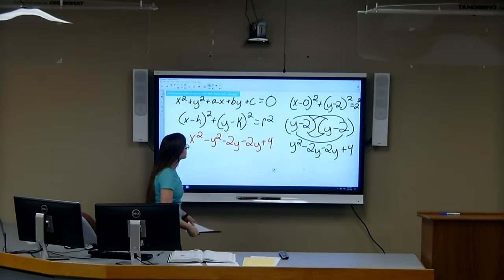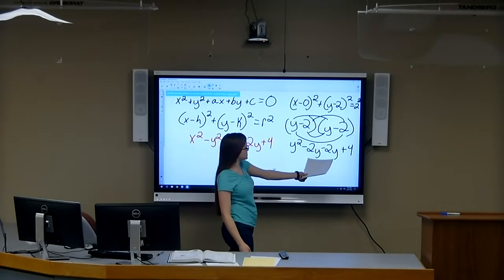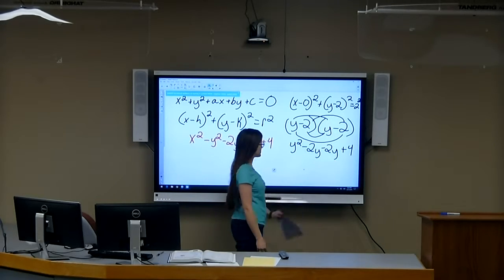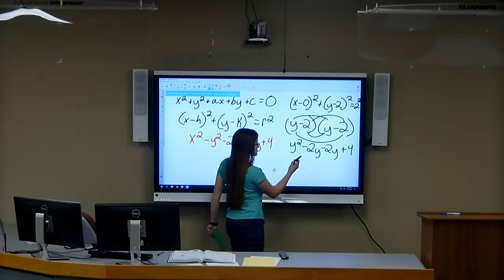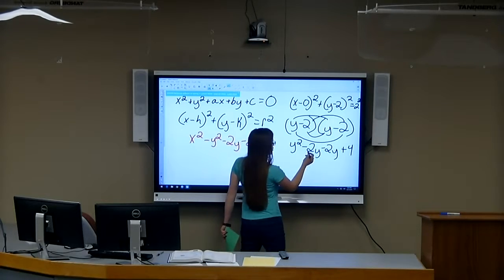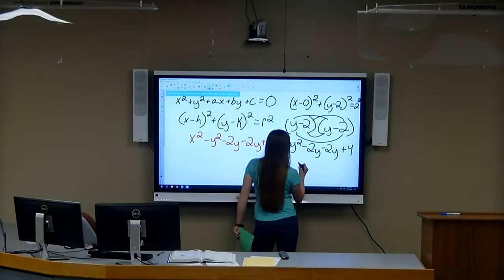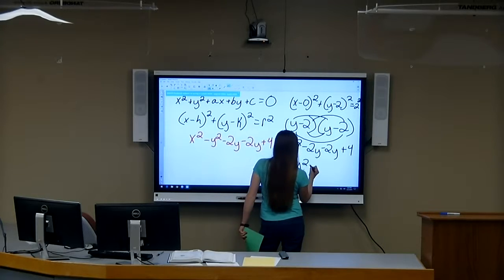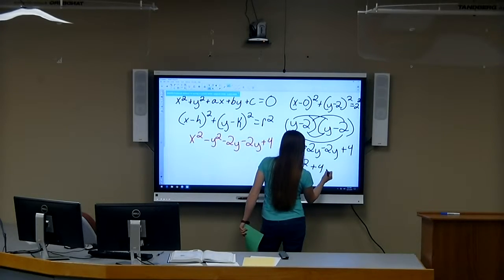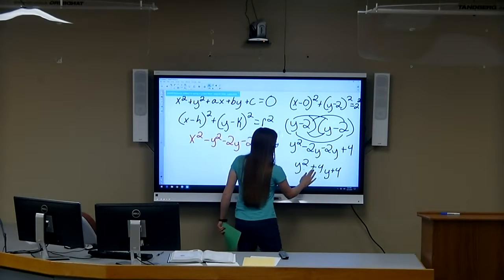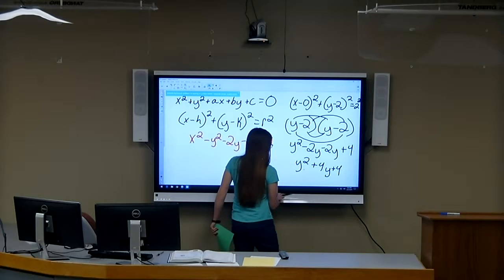You might notice that you have two like terms in here, which is negative 2y and negative 2y, which is the same thing. So you can add those together, which is going to give you y squared plus 4y plus 4. Oh, I'm sorry, not plus 4y, negative 4y. My bad.